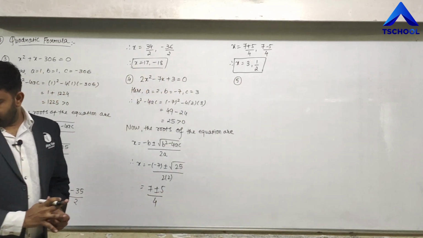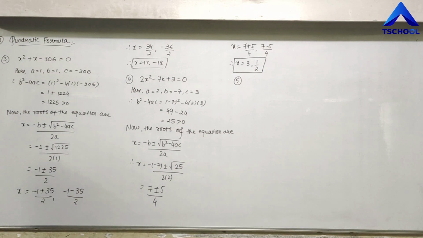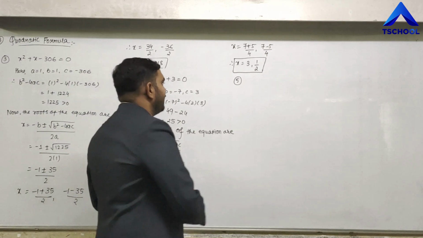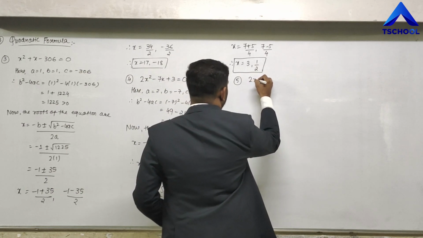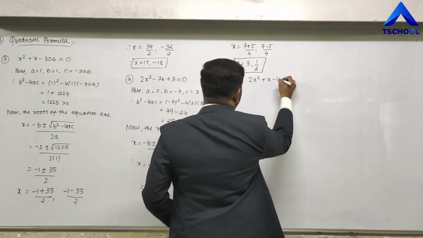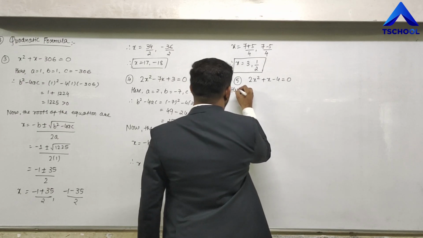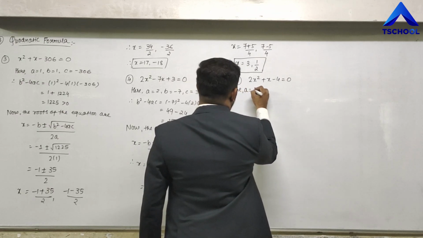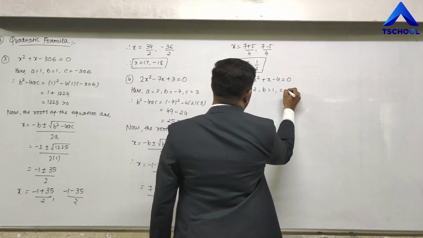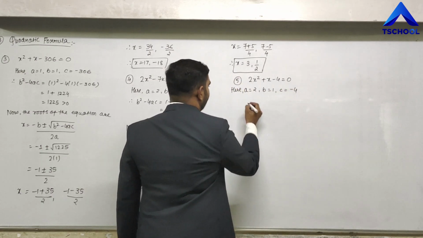Example 5, that is 2x square plus x minus 4 equal to 0. So again, what shall we do here? a equals 2, b equals 1 and c equals minus 4.